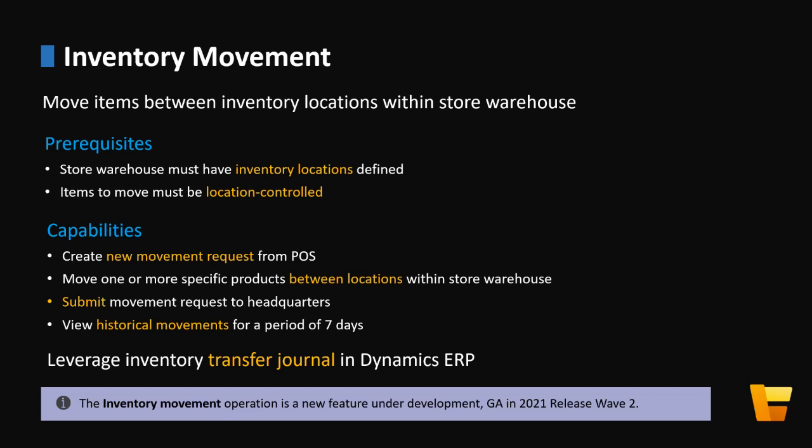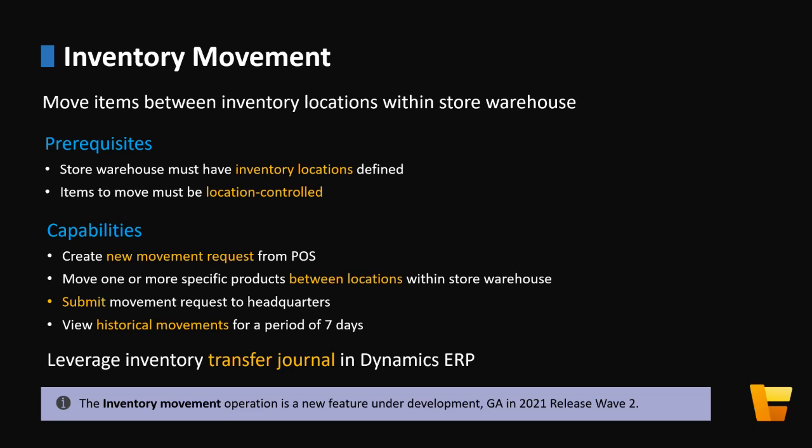However, the inventory movement operation only supports the movement of items within a single warehouse, and it reflects the immediate movement without associating any cost implications. Behind the scene, this operation is leveraging the transfer journal capability in Dynamics ERP to update the location information associated with the moved items in the inventory.